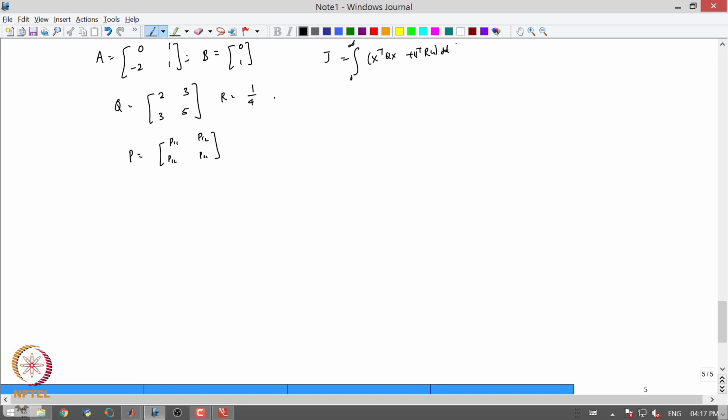The optimal control law is in terms of elements of P.